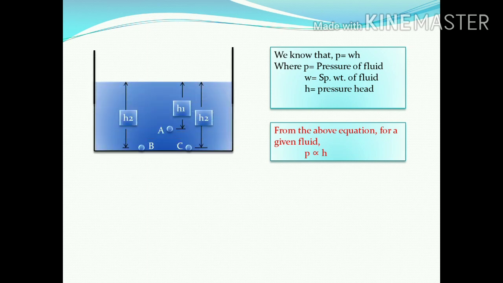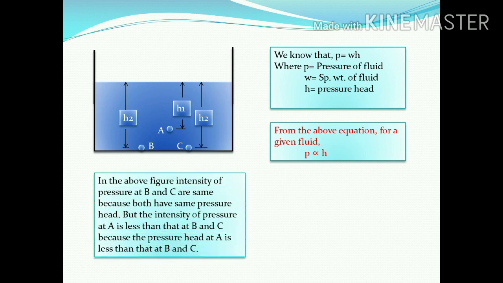In the figure, you can see there is a tank, and the tank contains some fluid or liquid, and there are 3 points A, B, C. A is at a depth of H1 from the surface of the liquid. B and C are at the same depth, that is H2, from the surface of the liquid.